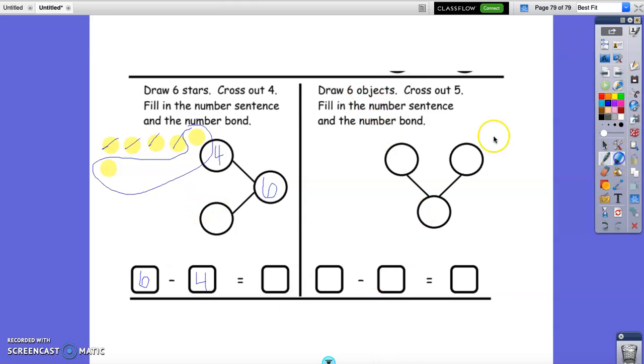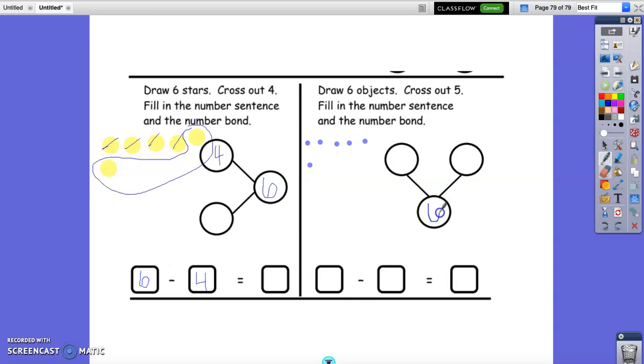This one says draw 6 objects. 1, 2, 3, 4, 5, 6. Draw 6. That is our whole number.